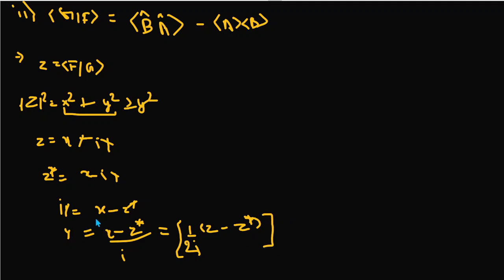And if you do the squaring on both sides, y square is exactly equal to 1 over 2 iota times the complex number z minus its complex conjugate, whole square. So this is how y looks.